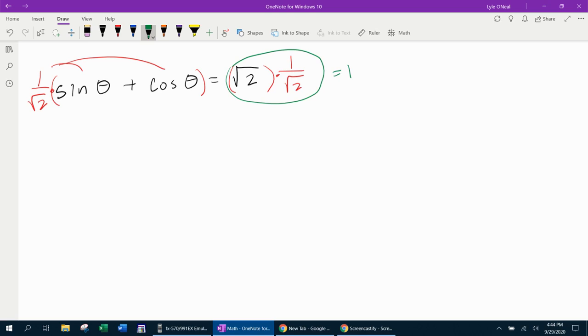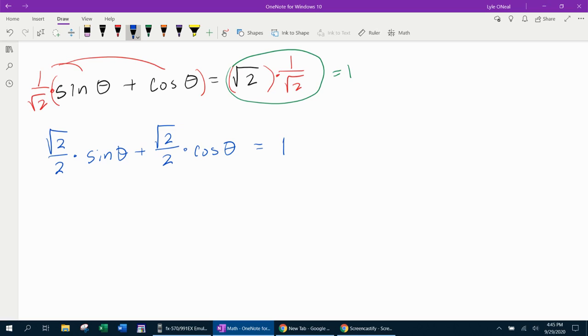On the other side, I'm going to rationalize the denominator. So instead of 1 over square root of 2, that would be square root of 2 over 2 times sine theta plus square root of 2 over 2 cosine theta. And that's the part where you may go, that makes no sense. That made it more complicated. That didn't simplify it. On the right-hand side, it simplifies to just 1.